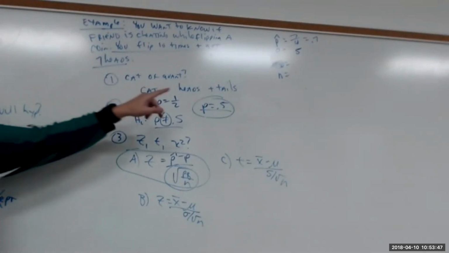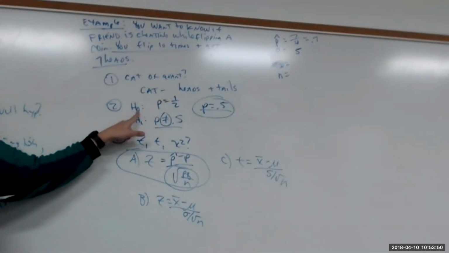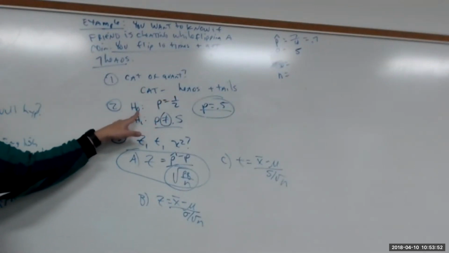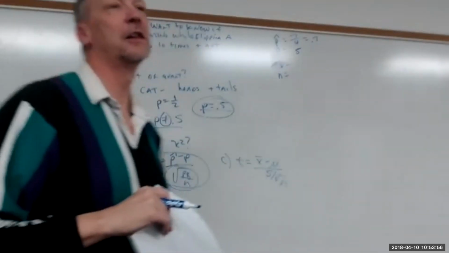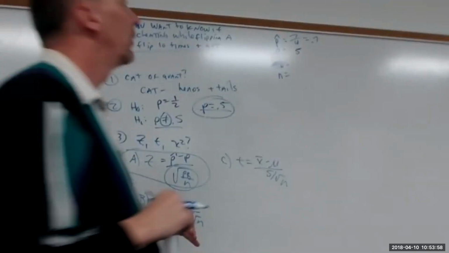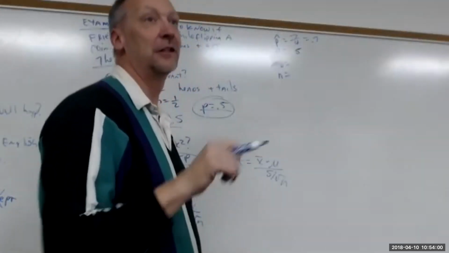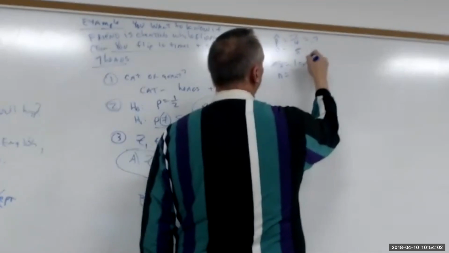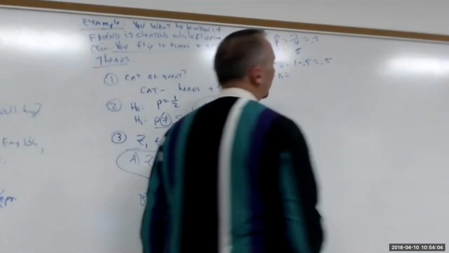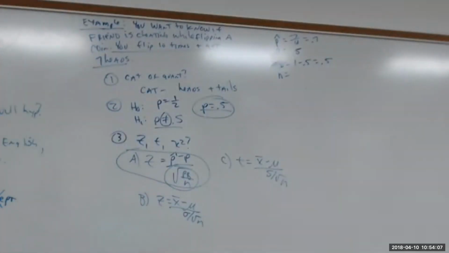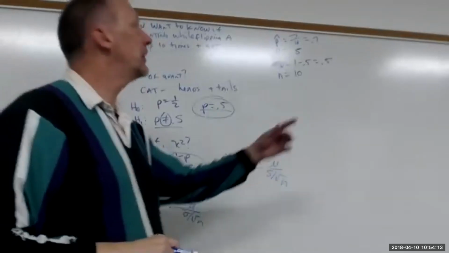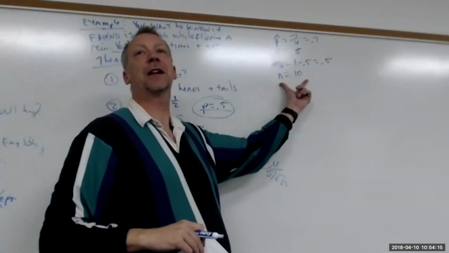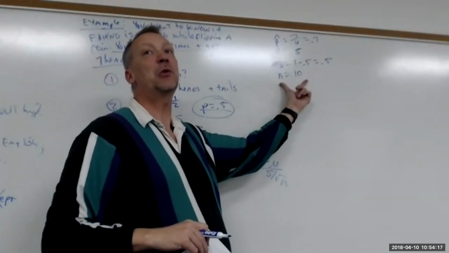What's this called? Null hypothesis, right? What's Q? 1 minus P. So 1 minus 0.5 equals also 0.5. What's N in this case? N is 10. I think this is a really good habit. If you can pick out all the information, that will really help you.